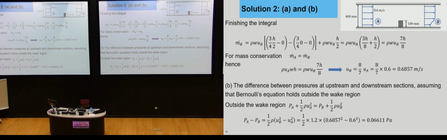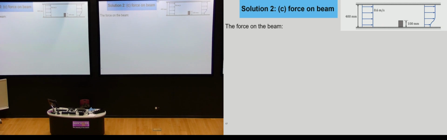Okay, now let's get on to the real meat of the question, perhaps the most challenging part, which is part C. This is where we are being asked to find the force on the beam. This is bringing together a lot of what we've done in the course all in one part of the question.